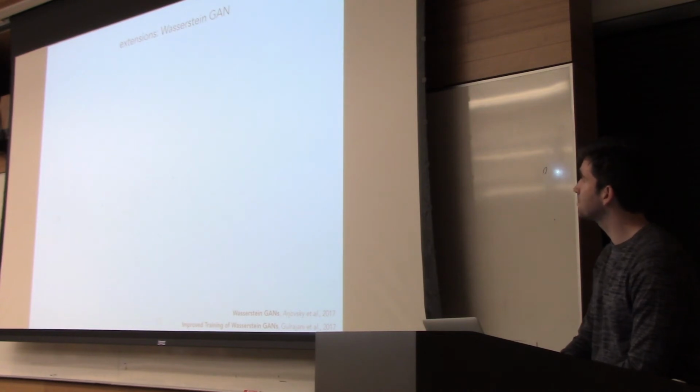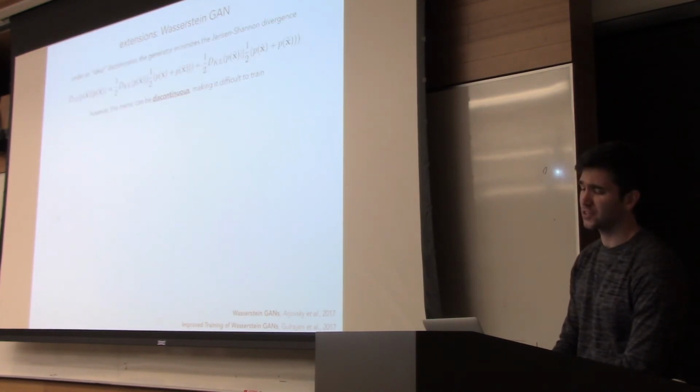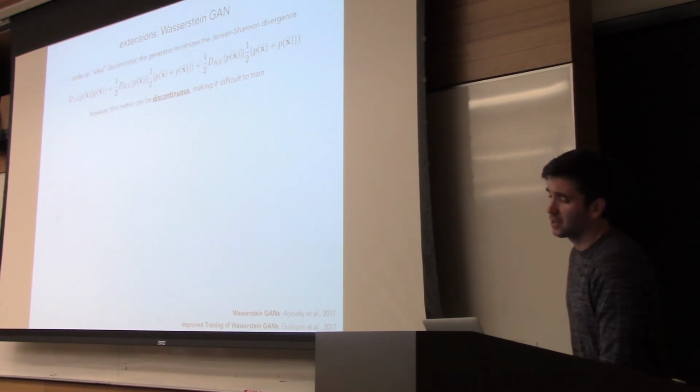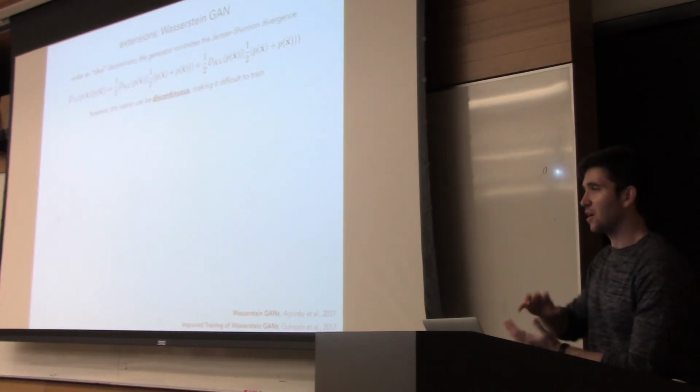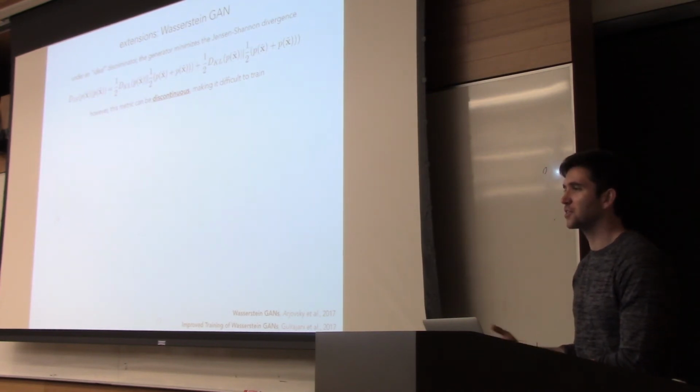Another really cool extension that gets very theoretical very quickly is this thing called a Wasserstein GAN. I'll very briefly walk you through the intuition behind it, but if you're interested, you can definitely check out the paper.